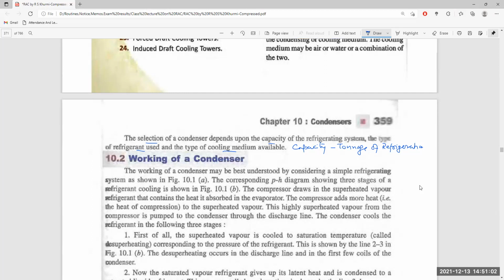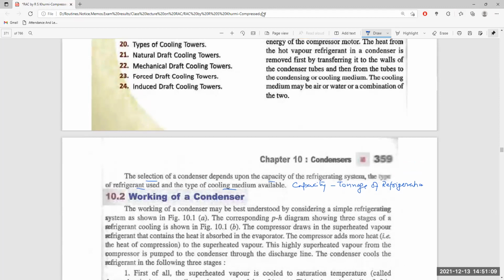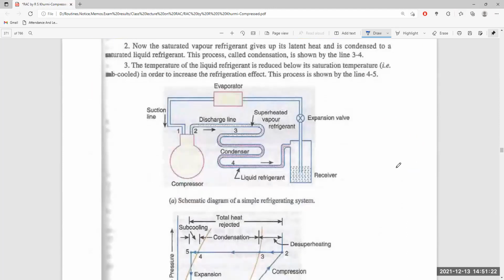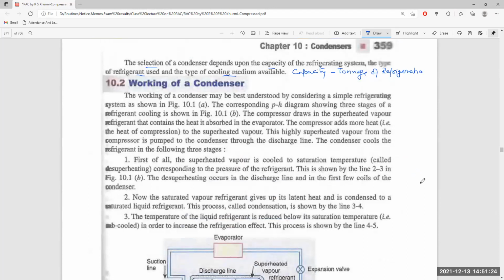The corresponding pressure-enthalpy diagram shows the three stages of a refrigerator cooling system, which is just shown here. First, a simple refrigerating system, and a corresponding diagram showing the three stages of the cooling system.